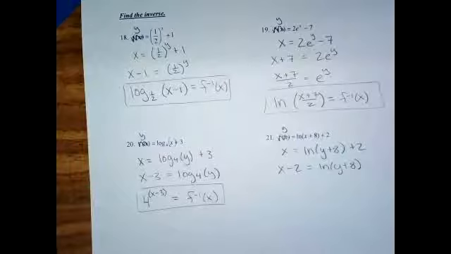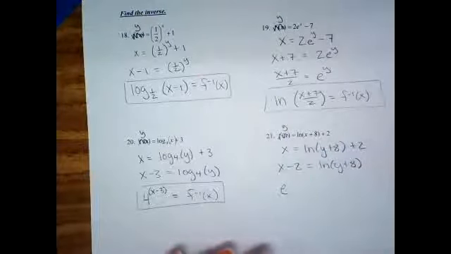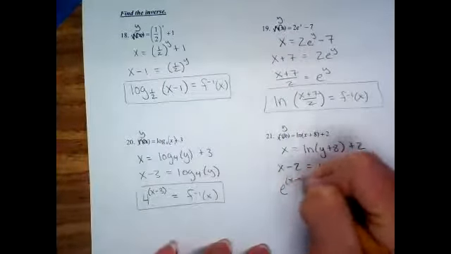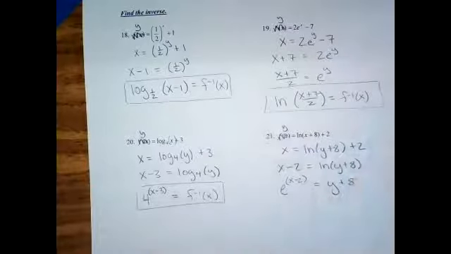And then I'm stuck. What is the base number for ln? e, good. It is going to be e to what power? Good. e to the power x minus 2 equals y plus 8.